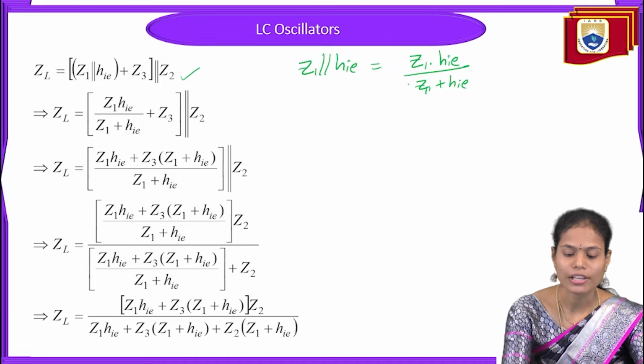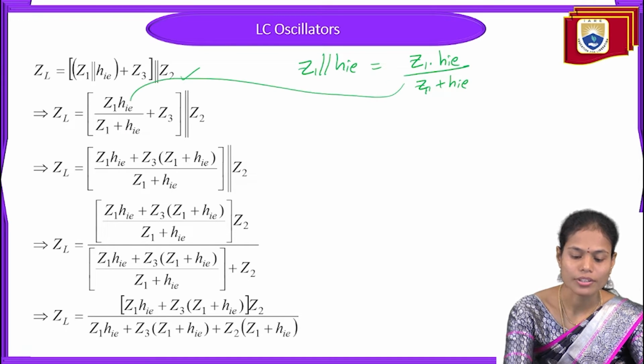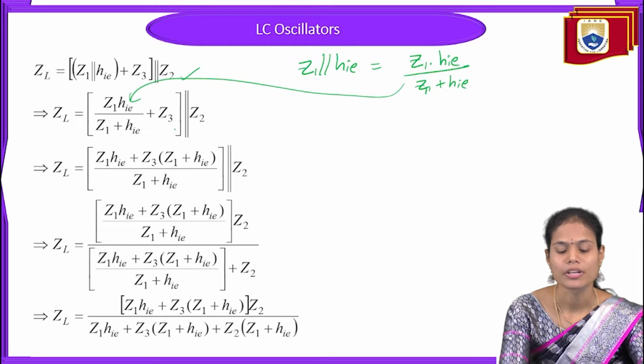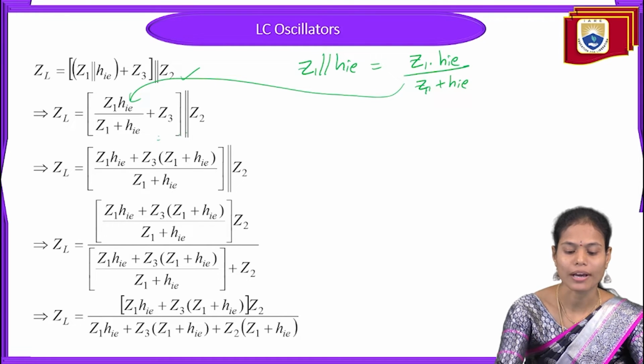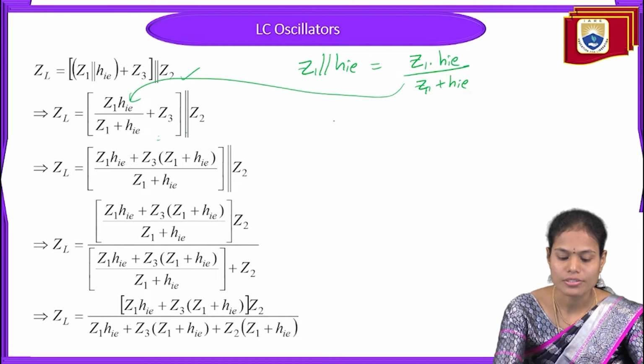Okay. So this value I have written here plus Z3. So again these two are in parallel, so we can write it as Z1 hie plus Z3.